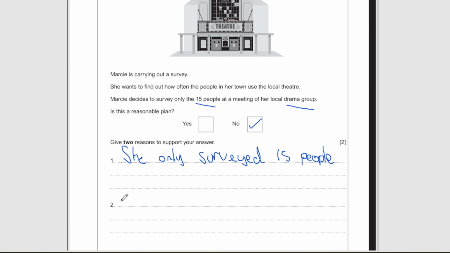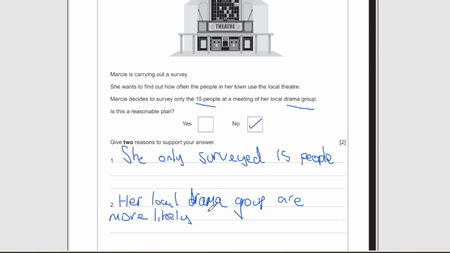And the second reason, because they're from her local drama group, they're more likely to go to the theatre. So I'm just going to put here: her local drama group are more likely to go to the theatre.